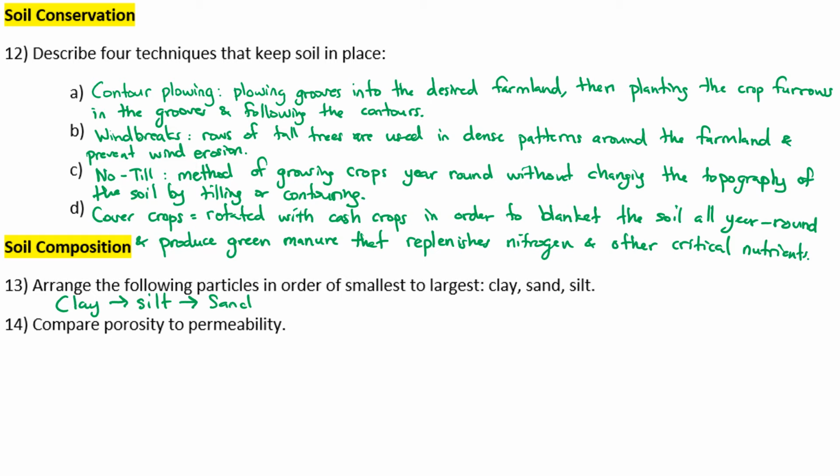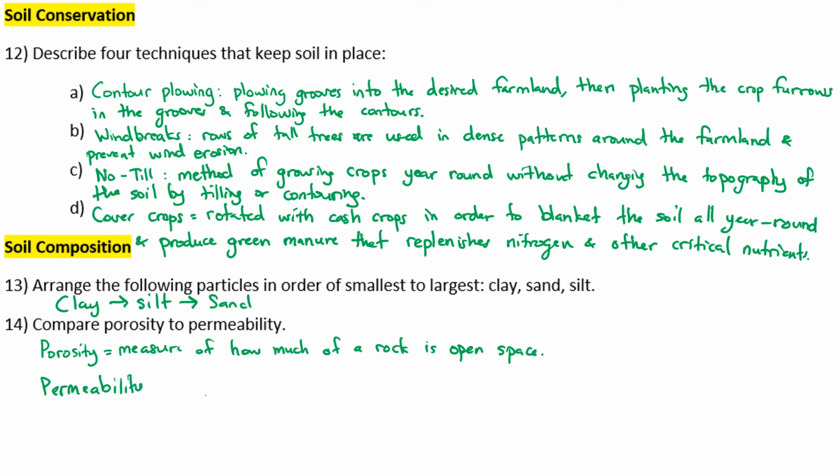Porosity is a measure of how much of a rock is open space, and then permeability is a measure of the ease with which fluid can move through a porous rock.